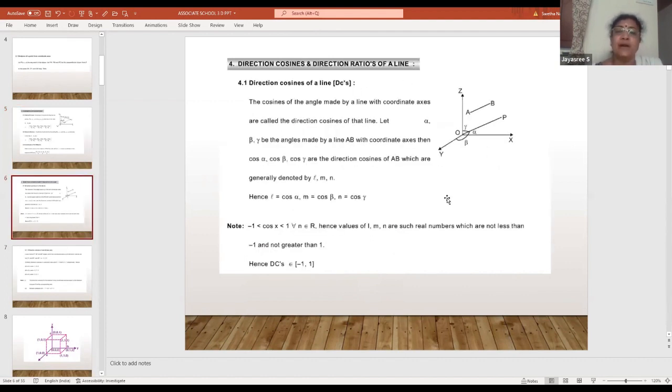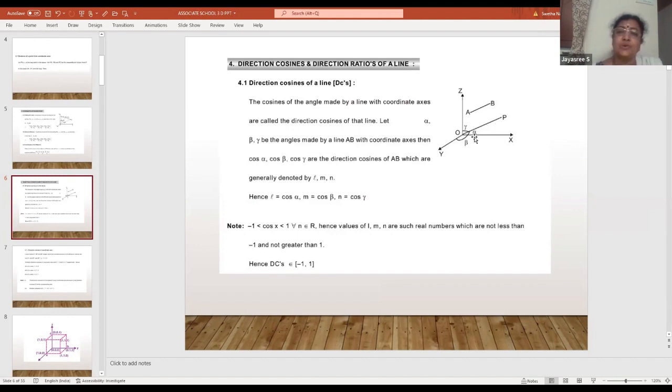Now the most important part of our 3-dimensional geometry. Alpha is the angle made by the position vector or the directed line with respect to the x-axis. Beta is the angle made with the y-axis, and gamma is the angle, positive direction only, with respect to the z-axis.